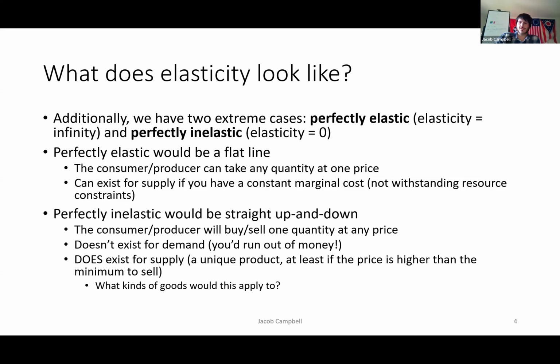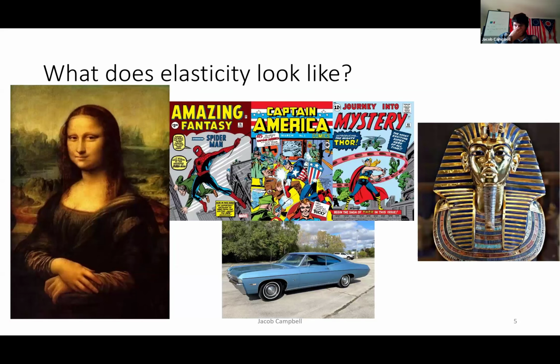What kind of goods would this apply to? Well, there's lots of different kinds. Unique pieces of artwork. The supply for paintings definitely slopes upwards. But the supply for an individual original copy of a painting, like Leonardo da Vinci's Mona Lisa, that is fixed.